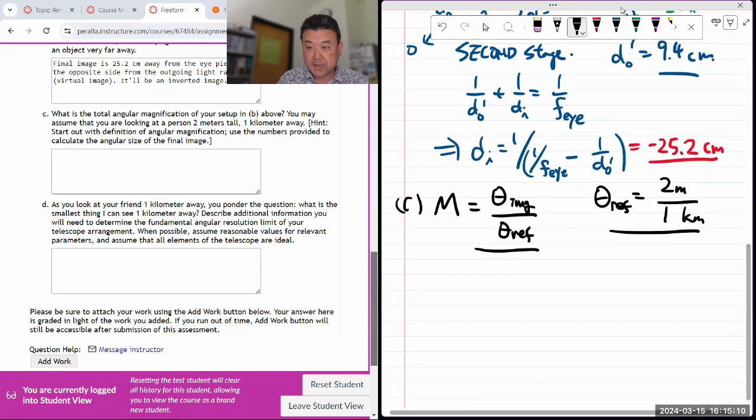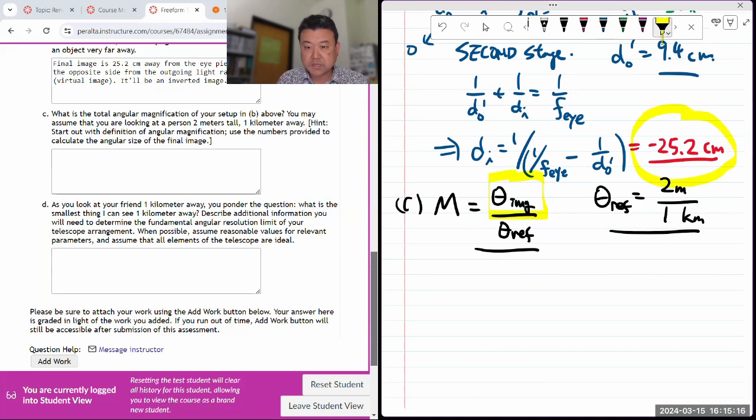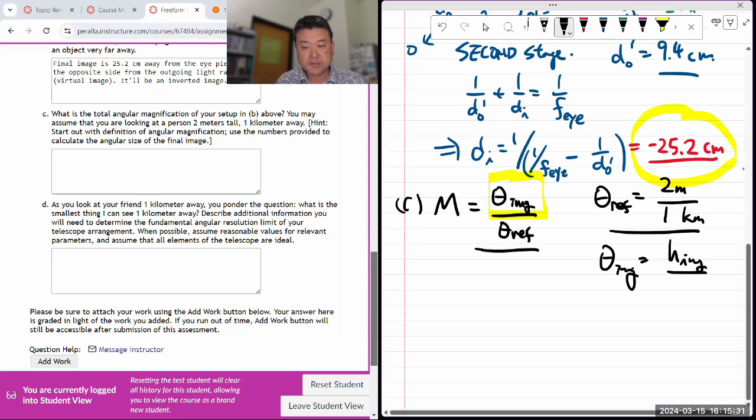So for theta image, that's where I should work through. I already worked out the image distance. If I work out the final image height, then for theta image I can do the height of the image divided by this image distance di. That'll give me the image angular size.